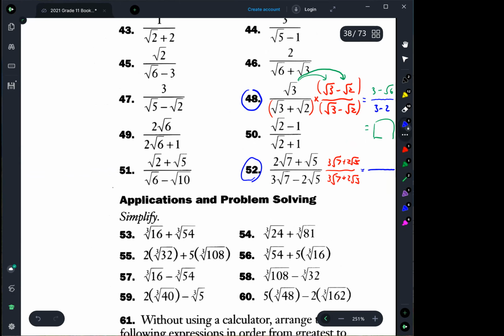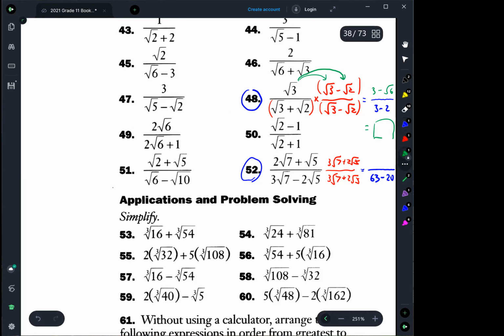The denominator will be squared, so 3 squared is 9, times 7. What's 9 times 7? 63. Yeah, very good. And then minus 4 times 5, which is 20. So that's for the bottom part.